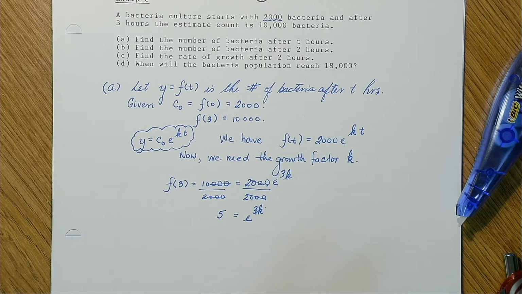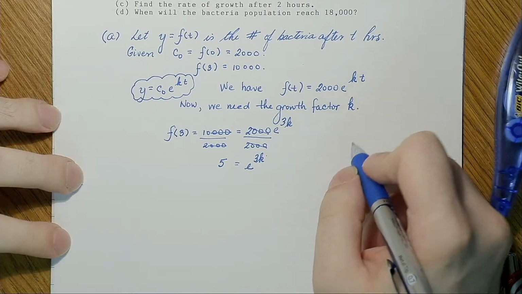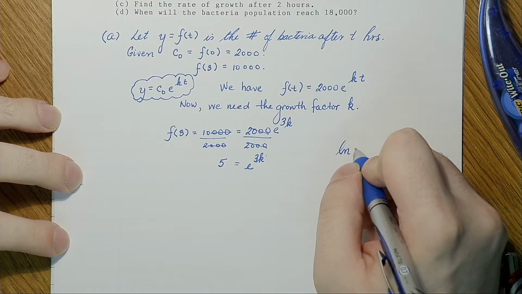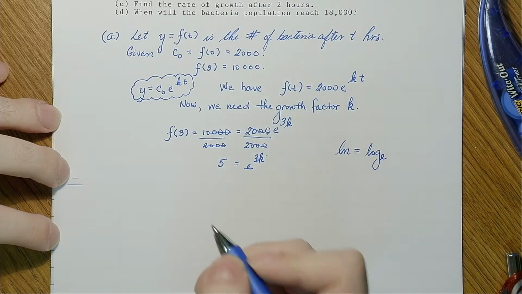So we still have to solve this. I still have k in the exponential. The way that we'll do that is I'm going to apply logarithms to both sides. Because this is e, I'm going to pick my logarithm base to be e, and that's going to be ln, right? Remember that ln is equal to log to the base e.